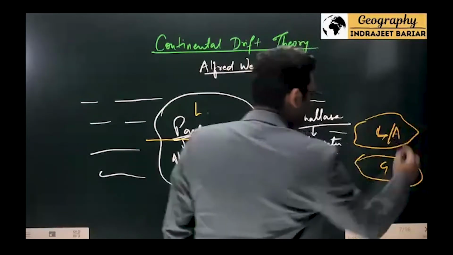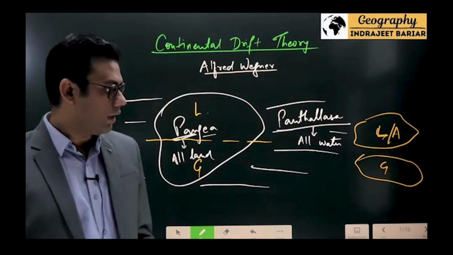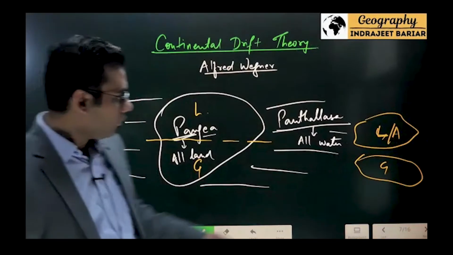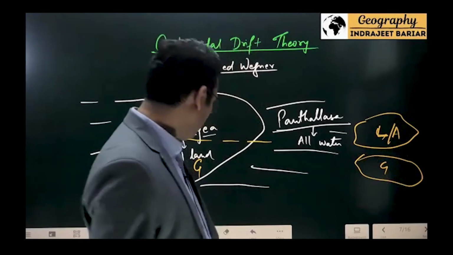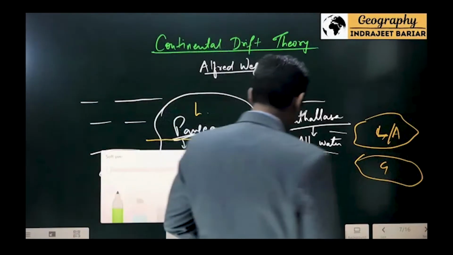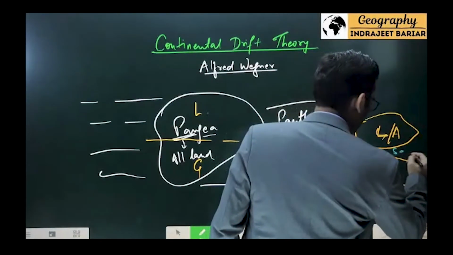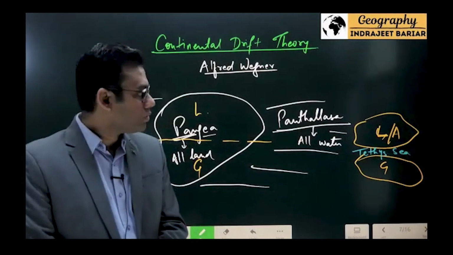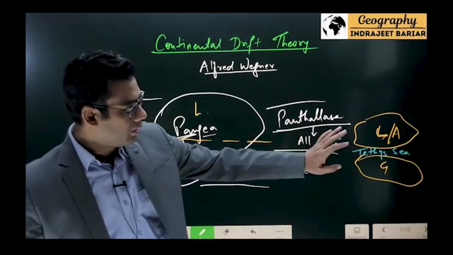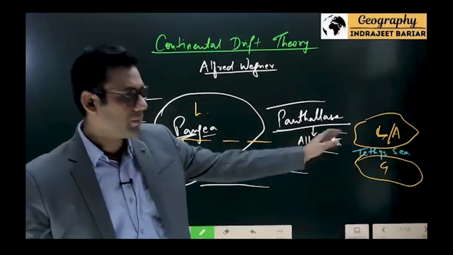Laurasia is also called Angara land. In between them, the space that was created was filled up with waters, and that has been termed the Tethys Sea. So the arrangement after the breakup of Pangaea was Laurasia and Gondwana land separated by the Tethys Sea.